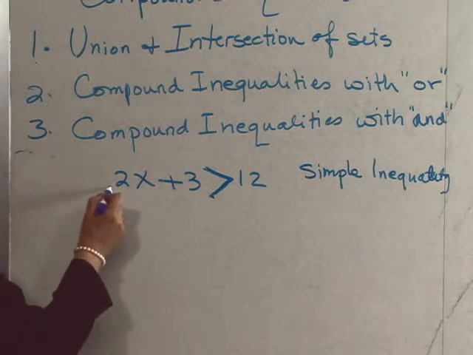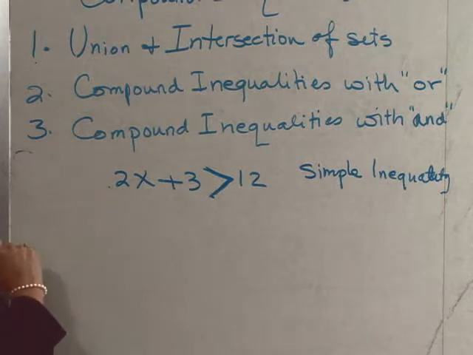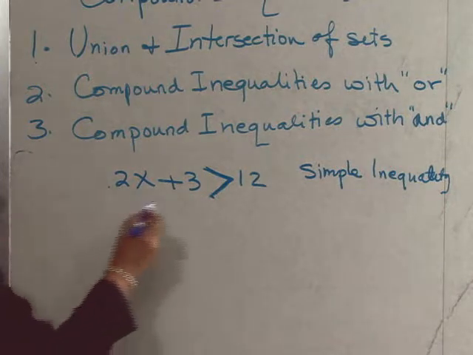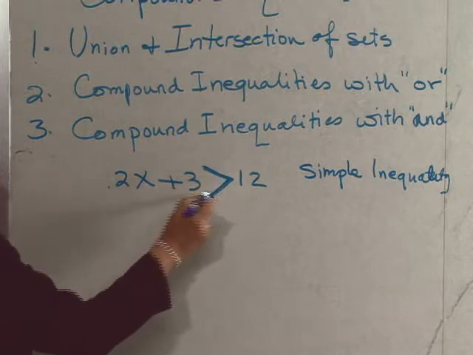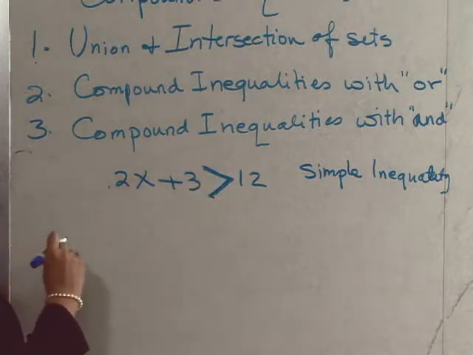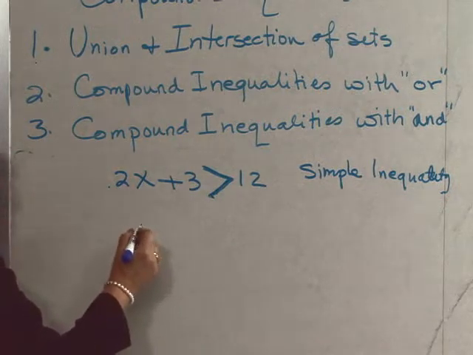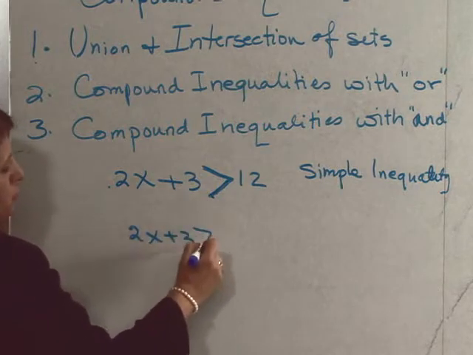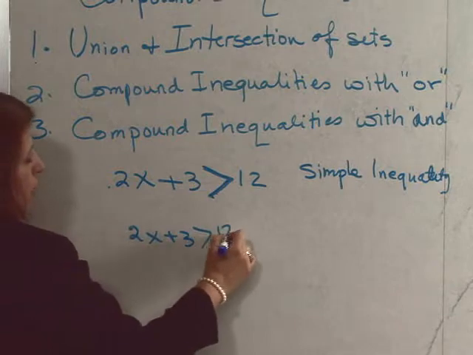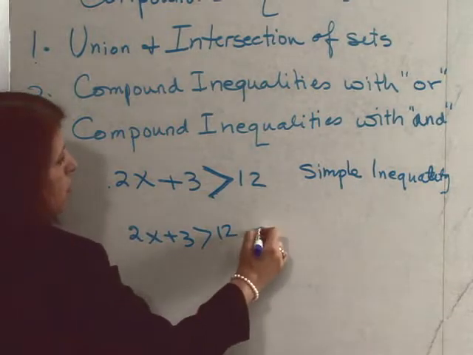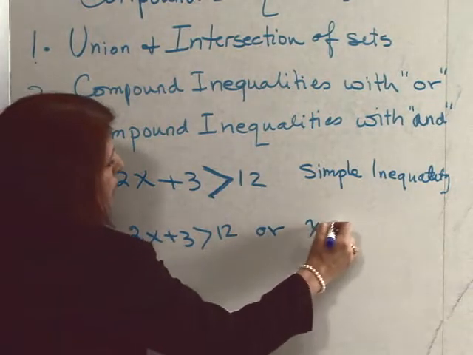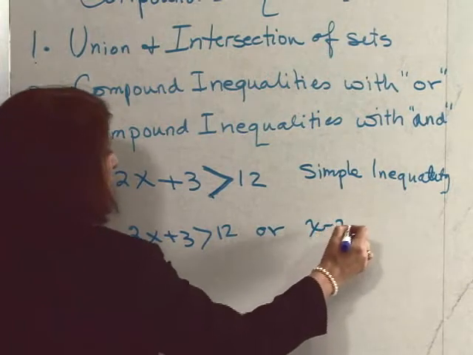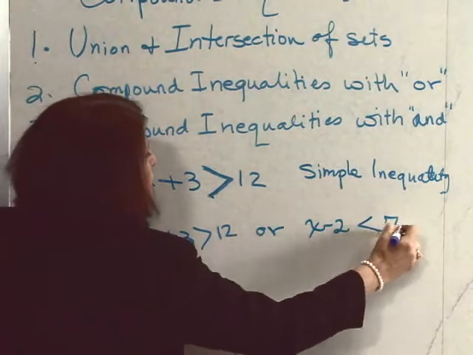And we know how to solve this kind of inequality. But a compound inequality includes two of those symbols. For example, 2x plus 3 is greater than 12, or x minus 2 is less than 7.